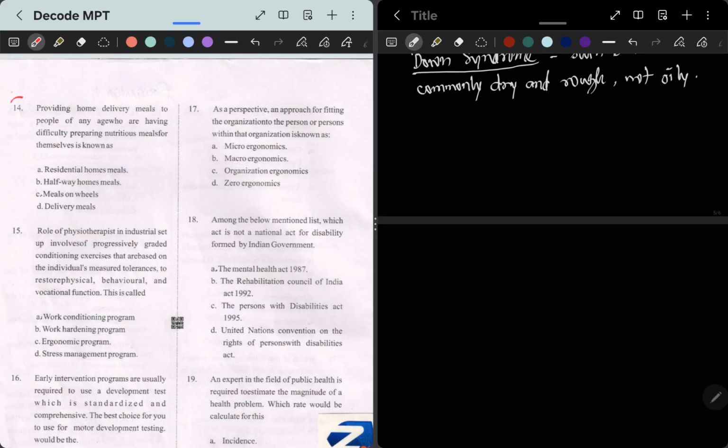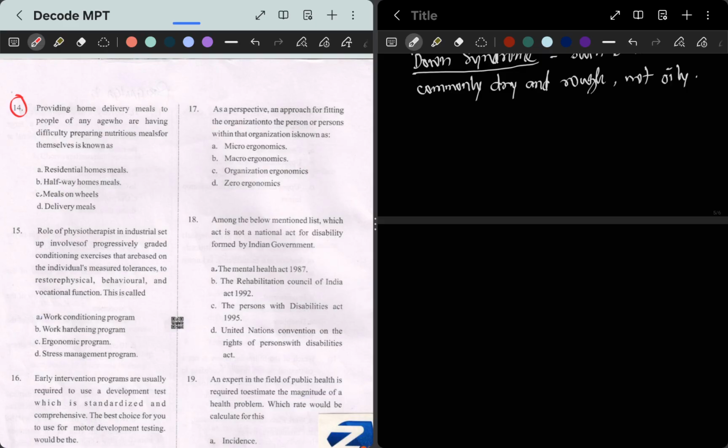Next question, question number 14. Providing home delivery meals to people of any age who are having difficulty preparing nutritious meals for themselves is known as: basically, it is a community rehab based question.